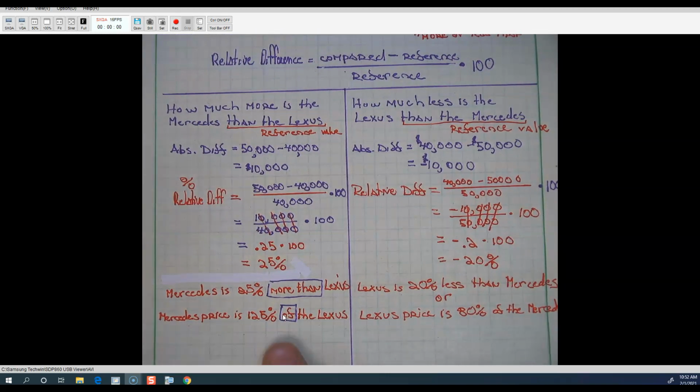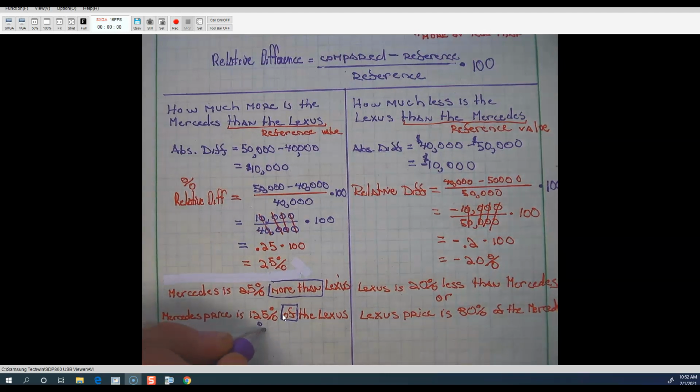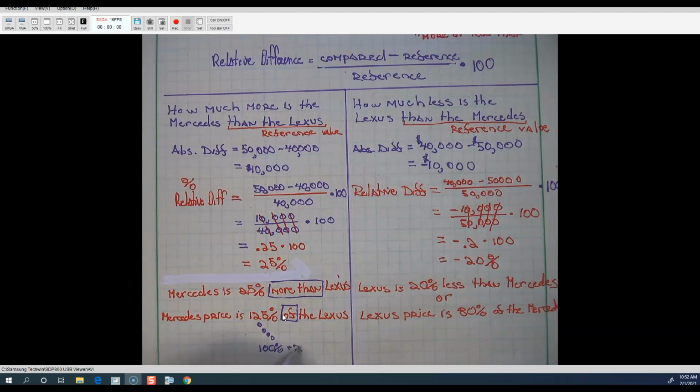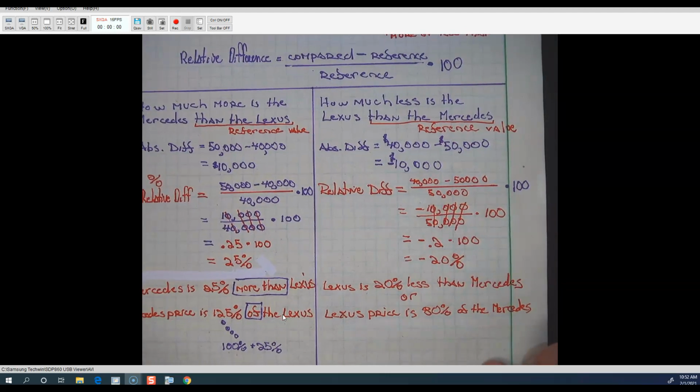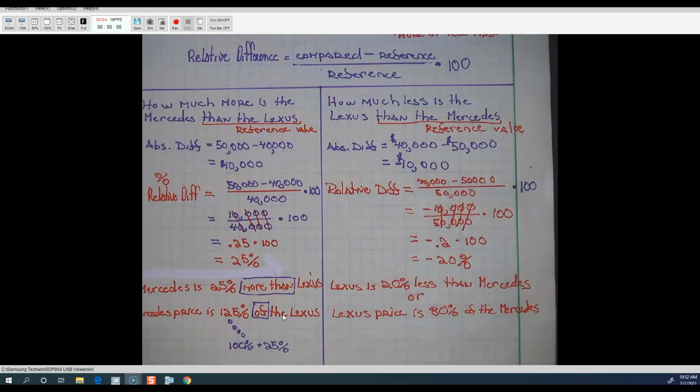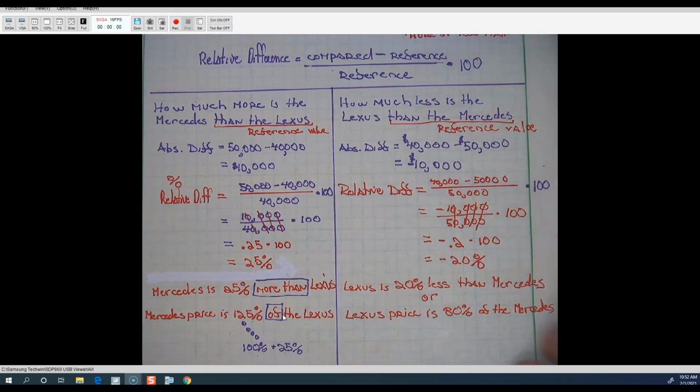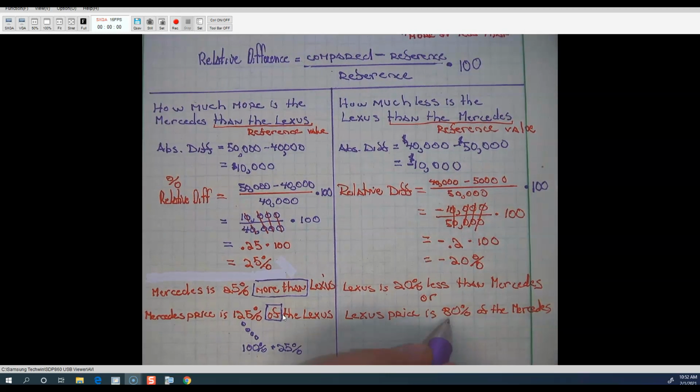Okay. The way I got this 125% was I took the full price of the Lexus, which is 100%, and I added 25%. Okay, since the Lexus is less than the Mercedes, on this bottom one, the way we got the 80 was we took 100% of the Mercedes price and we subtracted 20%.